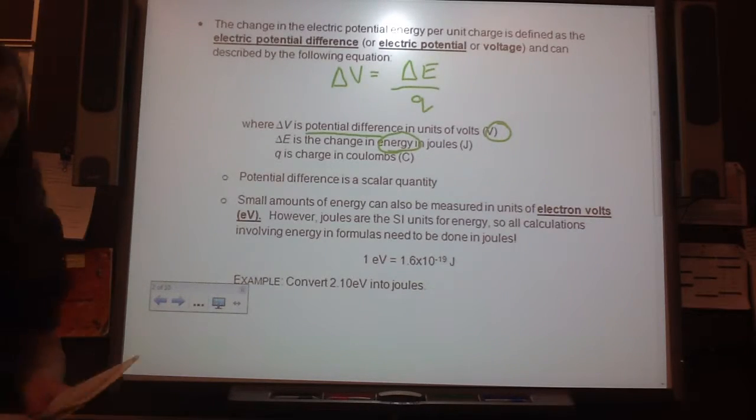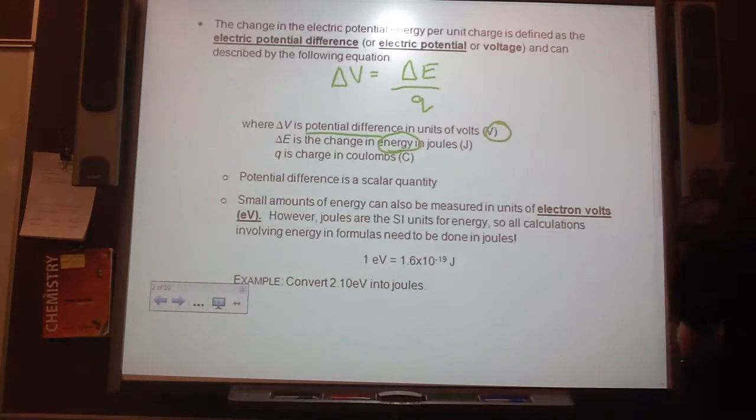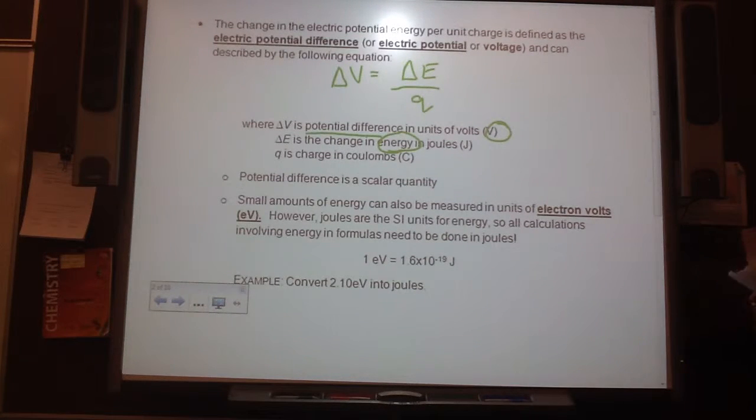Okay, so let's find this on our formula sheet. Make sure that you can find it. So we're under electricity and magnetism right now. Found it? Okay. Now flip to the back side and go under constants.